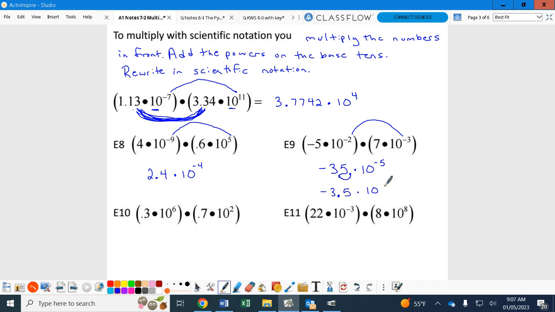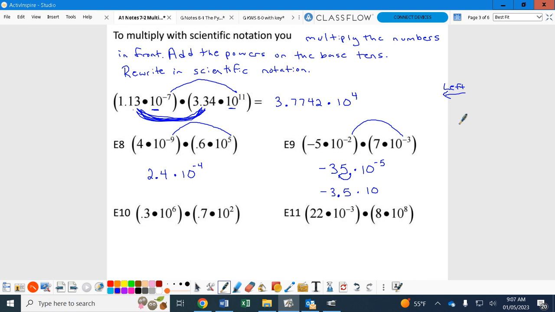Okay, we moved it one place to the left. When you move the decimal place to the left, your power is going to change.